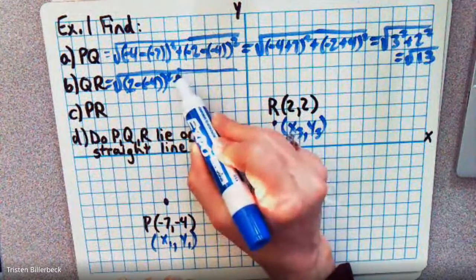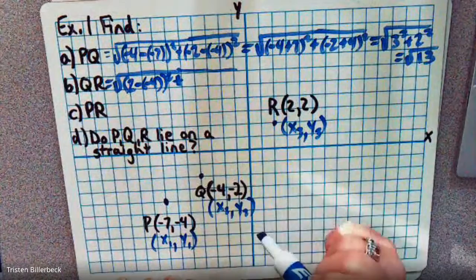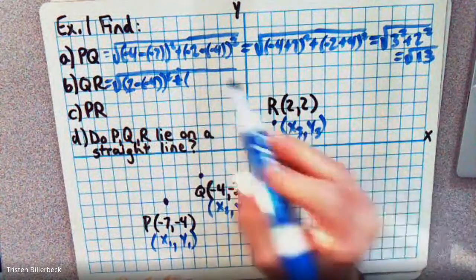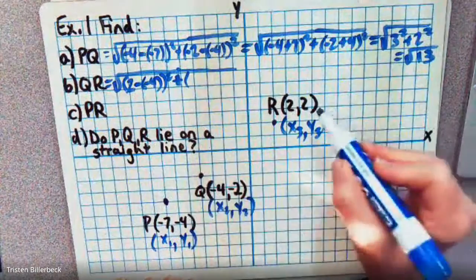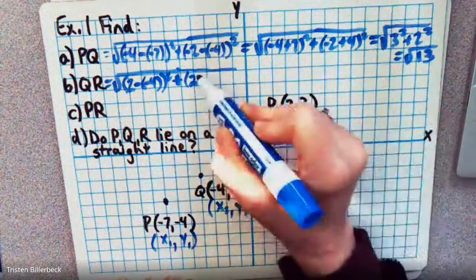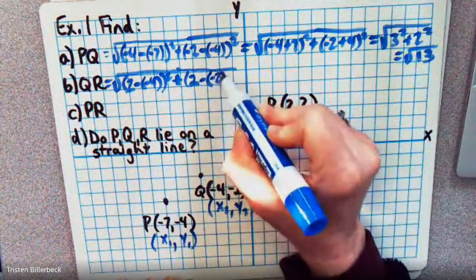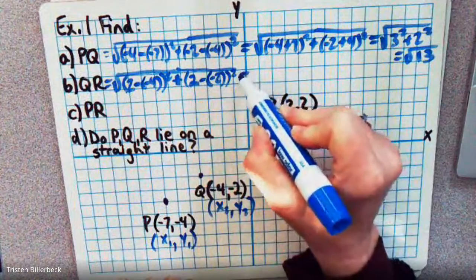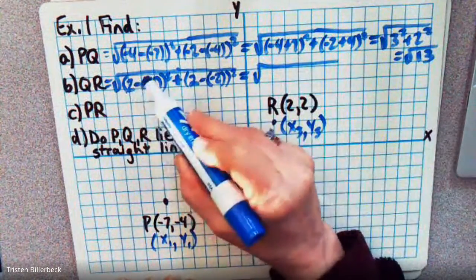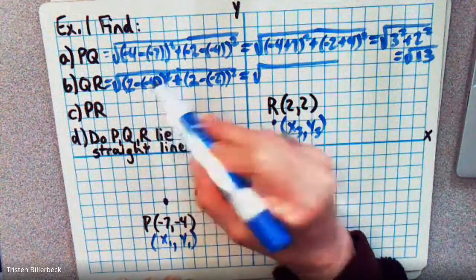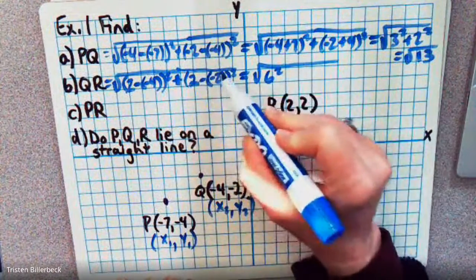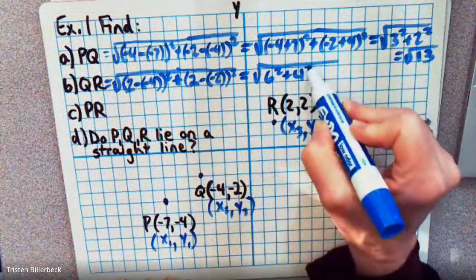I can only subtract x's, and I can only subtract y's. So it doesn't matter if you mix them up, the square is going to take care of any negative sign. So we have 2 minus a -2 squared. So that's going to be the square root of -2. I have a positive sign here because there's 2 negatives. So 2 plus 4 is 6 squared, and 2 plus 2 is 4 squared.